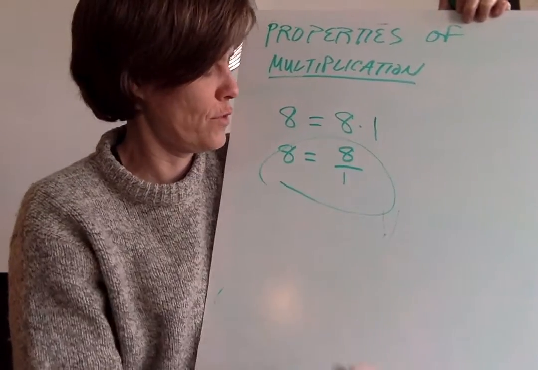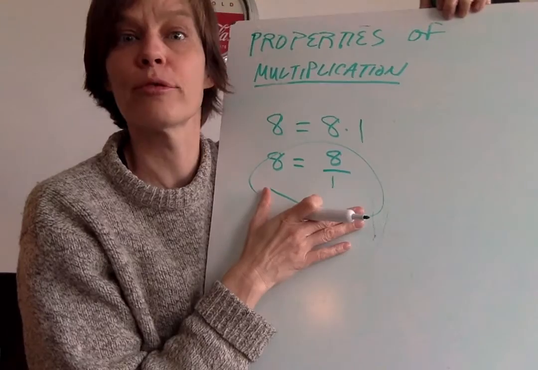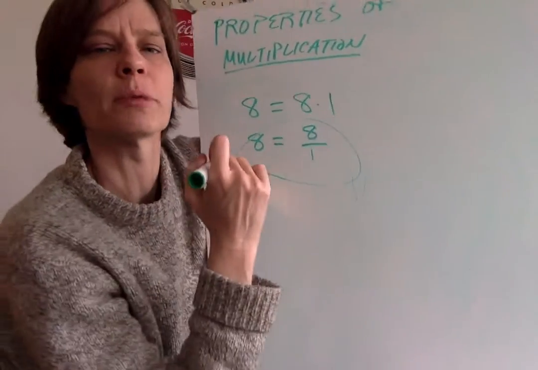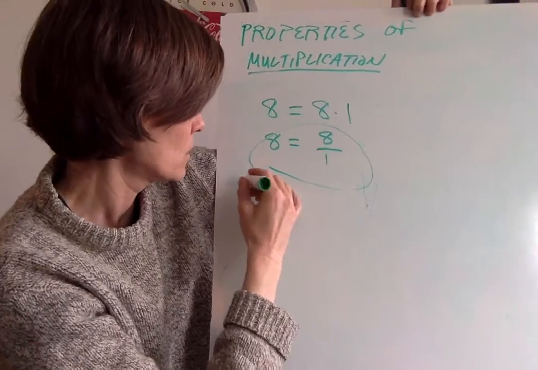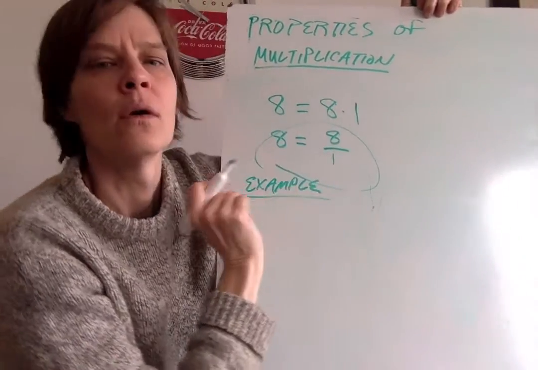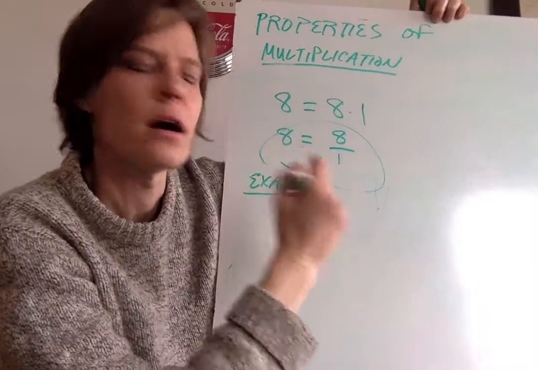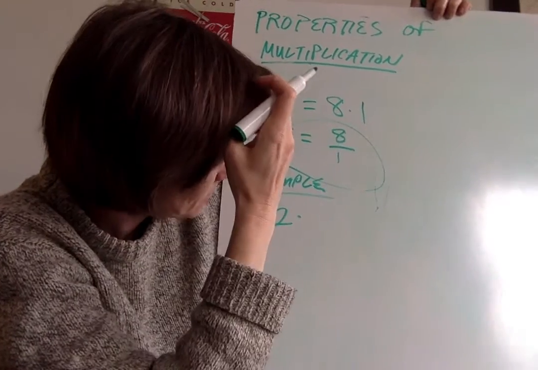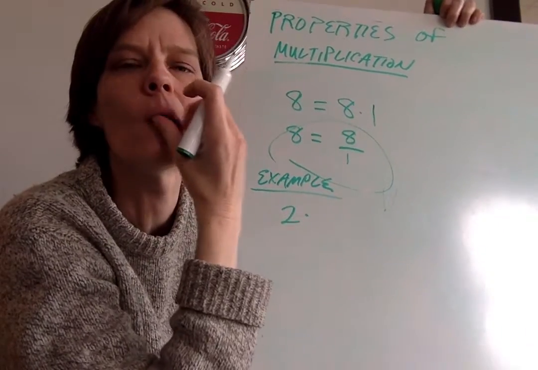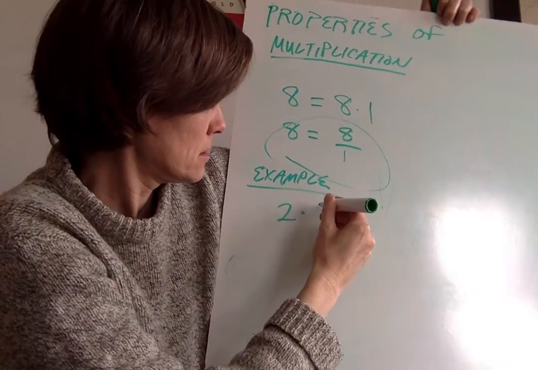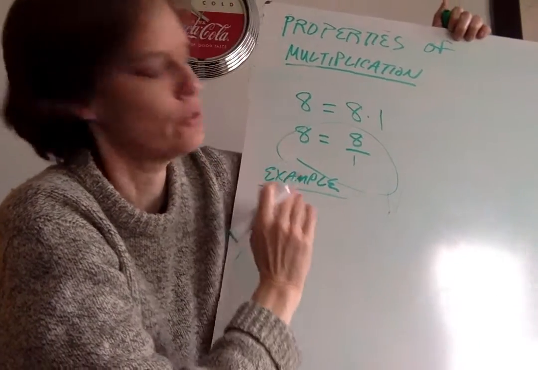So this idea is super important. So let's think about this for a second when we think about multiplication and division. Let's say I have 2 times... 2 is the bad number to start with.